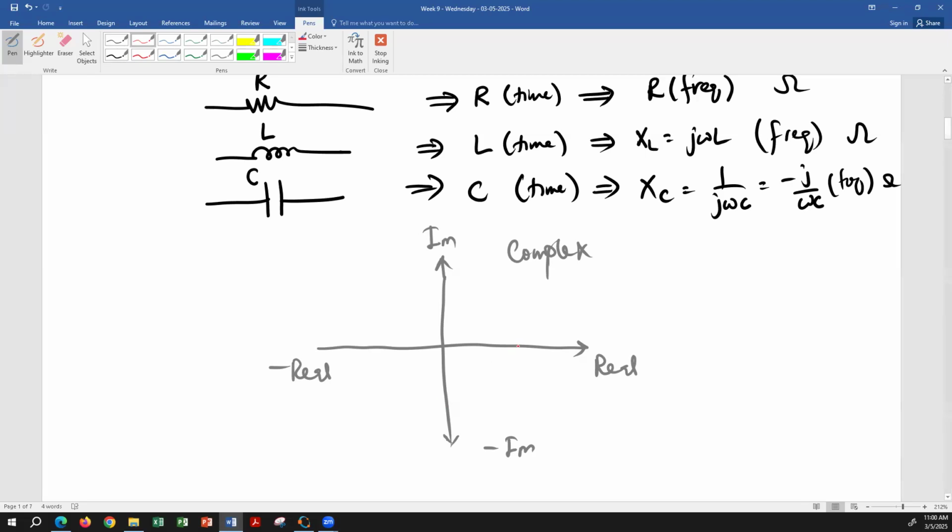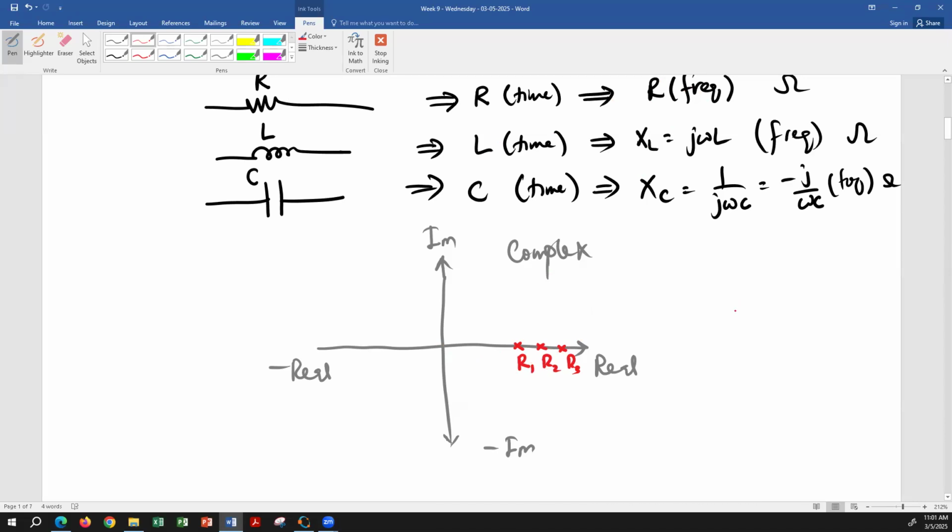Real part, always real. This can be different values of resistors, R1, R2, R3, whatever. That means if you want to write the resistance in polar form, you can write that down as the magnitude and angle 0 because it's on the real axis. Angle is 0.